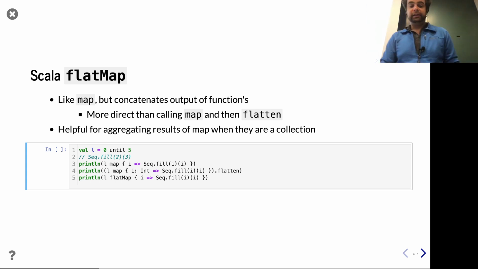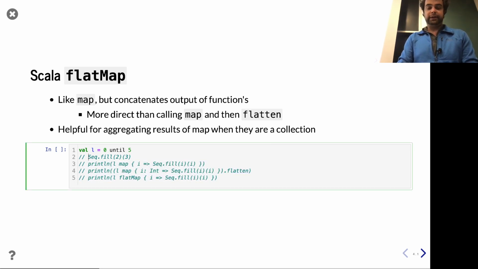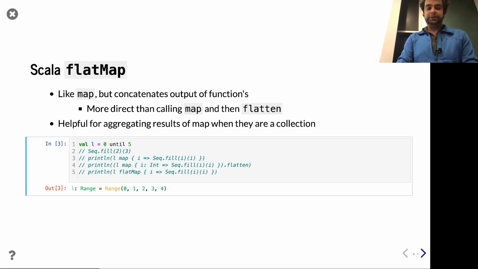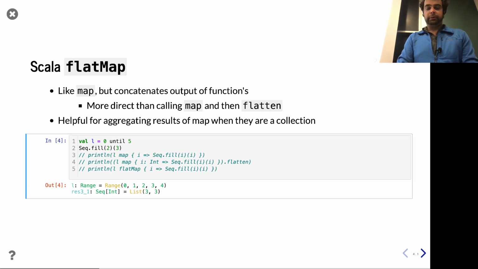To see what we mean, let's say, for example, we have, I'll turn this code on progressively, this L, which is a range. Sure, we can do that. Or if we use Seq.fill, of course, we can build a Seq of two instances of the number 3. Now this next line, what are we going to do?